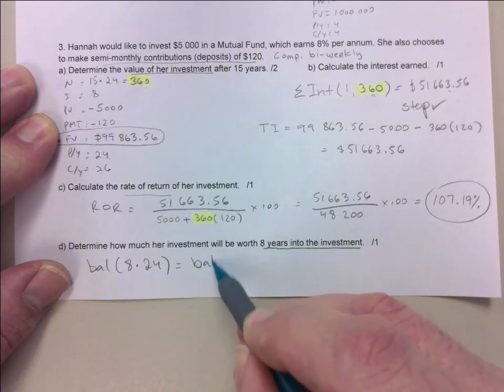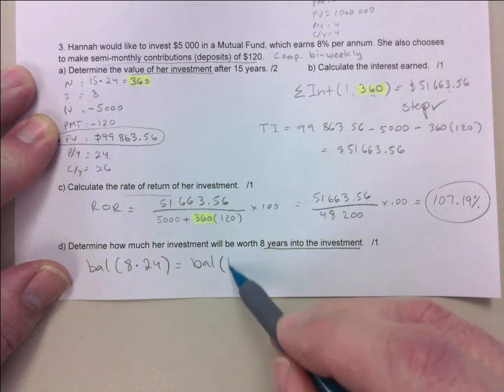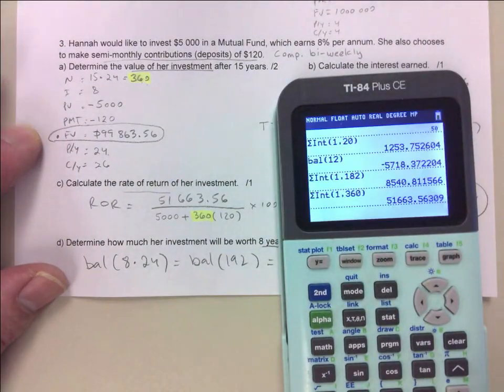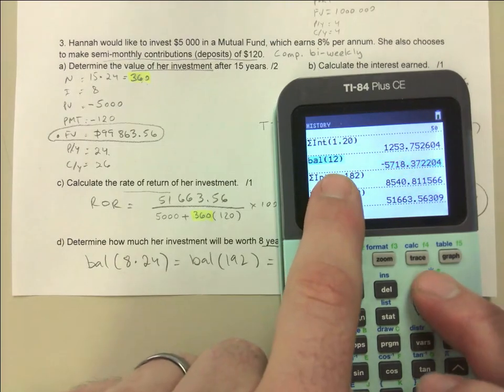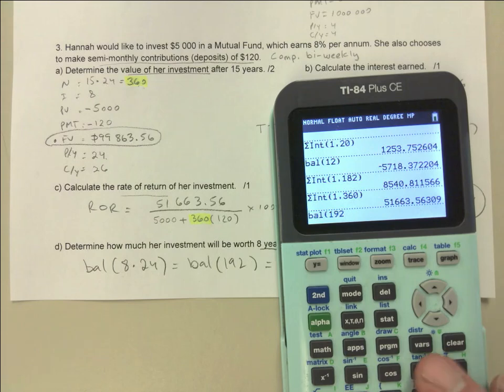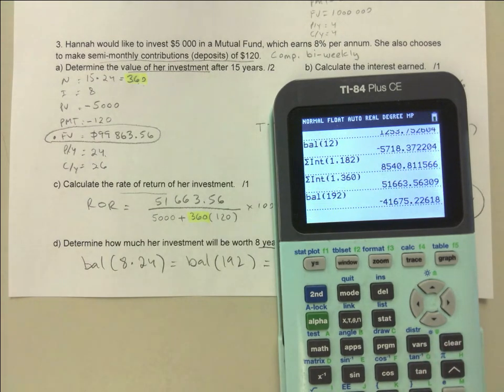That is balance of 192. I have it right here, so I'm going to copy paste that and just change it to 192. So 41,675.23.